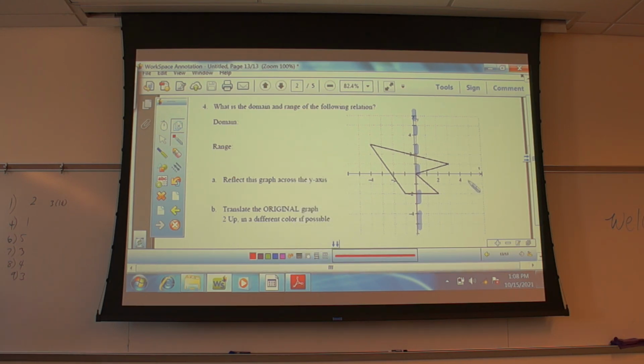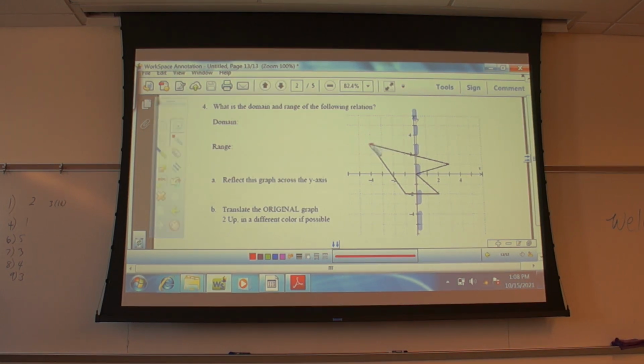So let's see here. That means this point goes where? I'm 4 to the left, so I'm going to go 4 to the right. And then where does it connect to? It goes down to this. So I would trace along here and say, okay, here's my next spot. This spot here is 3 to the right, so I want to go 3 to the left.